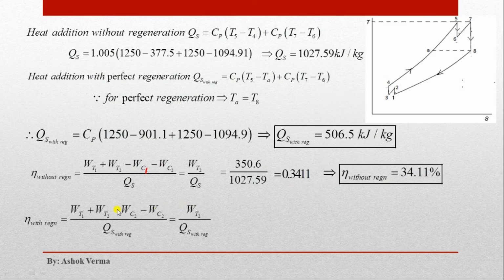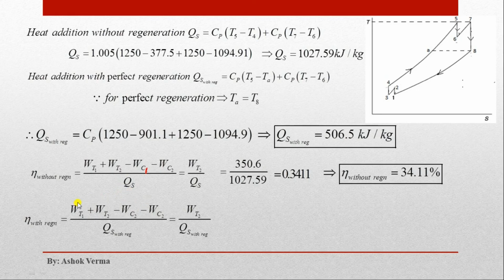Now you have to calculate the efficiency with the regenerator. We have seen that with the use of the regenerator there is no change in the net work output. The net work output will remain unchanged.